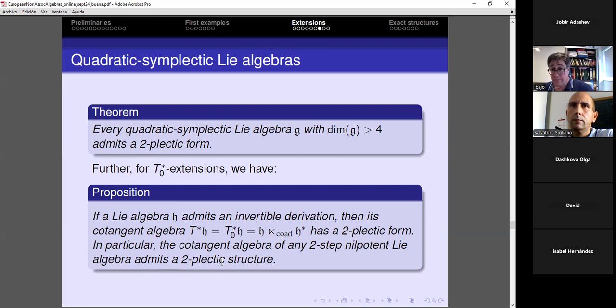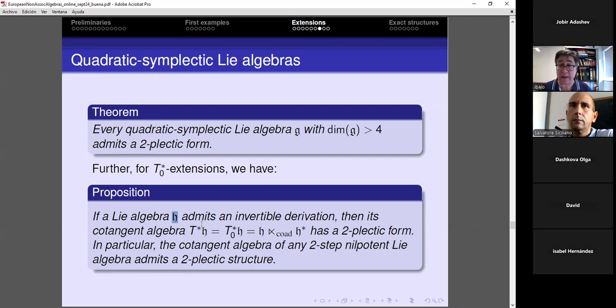And further, we can see that if one has a Lie algebra which has an invertible derivation, now take this proposition, we take H is a Lie algebra which needs not to be quadratic. We just have an invertible derivation, the Lie algebra, and then we can endow the cotangent algebra with a 2-plectic form, because actually we can endow the cotangent algebra with a quadratic symplectic structure, and so according to the theorem, then it has a 2-plectic form.